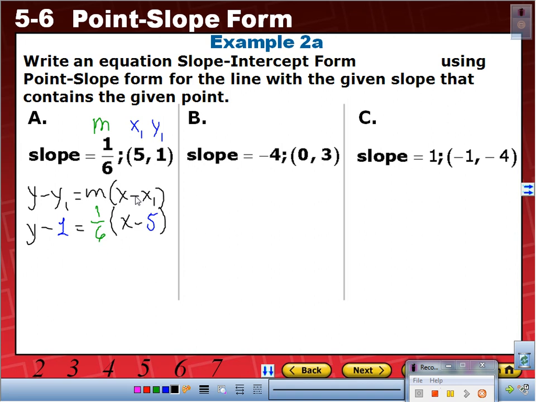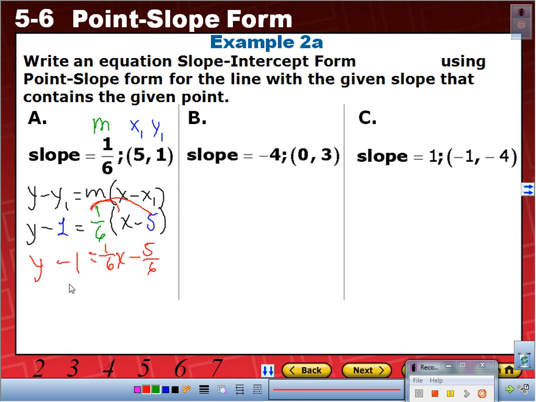So step 1, you write your point-slope form. Step 2, substitute values. Step 3, solve for y. So here we go. I'm going to distribute this one first. This becomes 1/6x minus 5 over 6. Everybody see what I did here? Equals, and I bring everything else down, y minus 1.